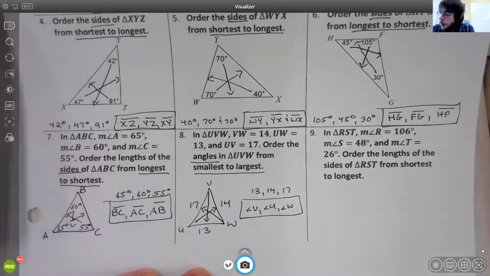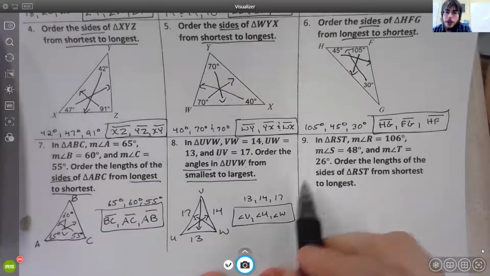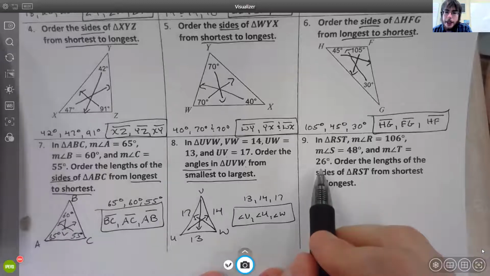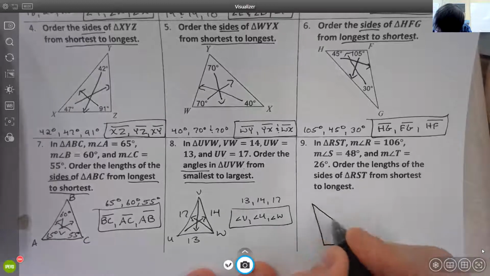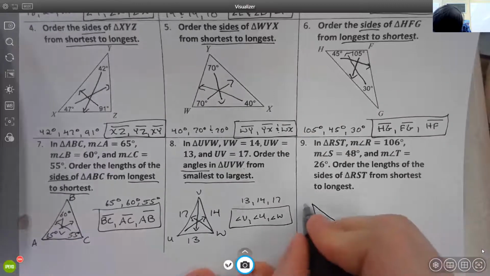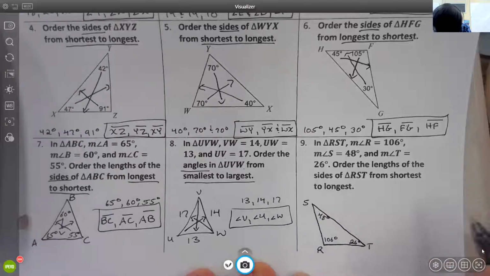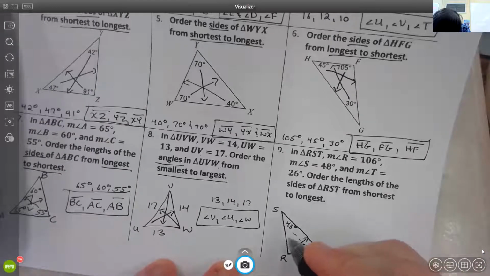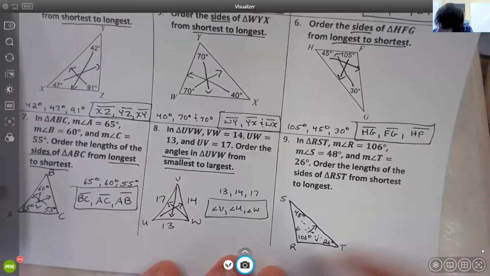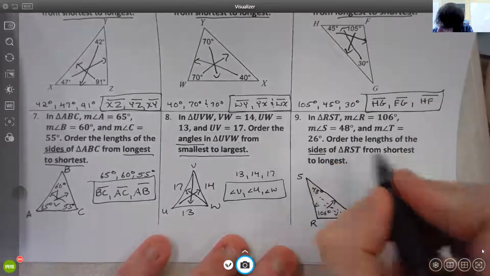All right, number 9. In triangle RST, the measure of angle R is 106, the measure of angle S is 48, and the measure of angle T is 26. So we have 106 here for R, 48 for S, and 26 for T. Okay, so we have our arrows here. So we want to label our sides from shortest to longest.